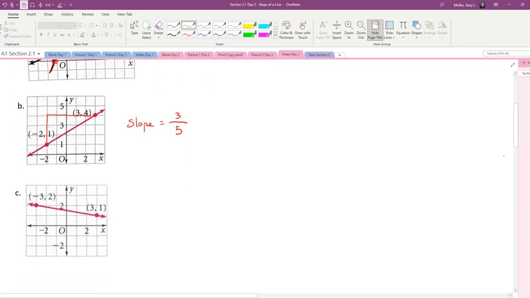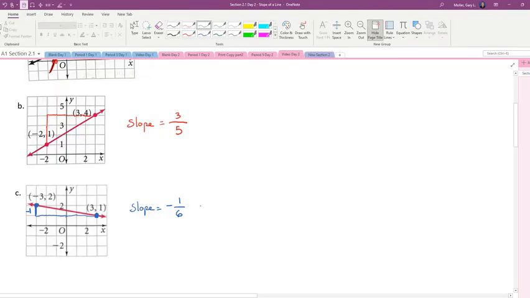Here, for my slope this time, if we go from this point over here to this point, moving from the left to the right, it's pretty obvious that we go down 1. So we go negative 1, one in the negative direction, and then 1, 2, 3, 4, 5, 6. So my slope on this one is going to be down 1 and over 6, which gives a slope of negative 1/6.